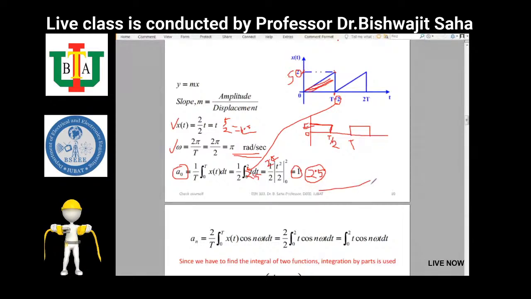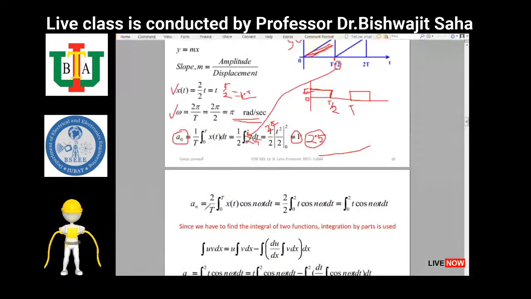Now we have to find out AN. The formula for AN is 2 by T, integral 0 to T, x of t cos n omega t dt. So 2 by 2, we have the value of T, 0 to 2. And x of t is equal to t.